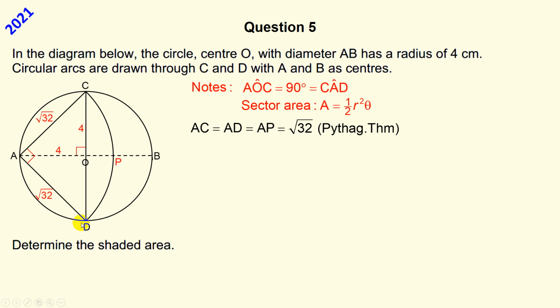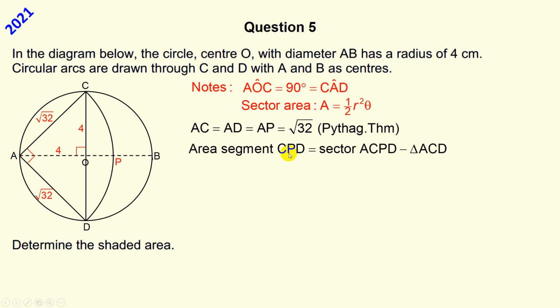There are the lengths of the radii, or there is the radius of this arc centered at A. So now I can find the area of this full sector, and then subtract the triangle.